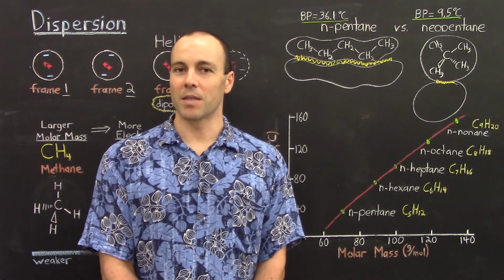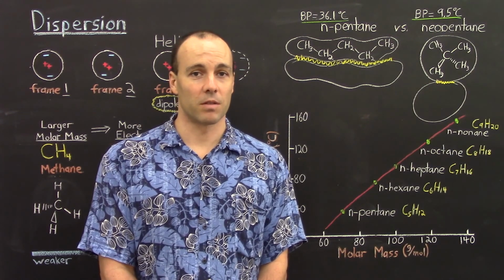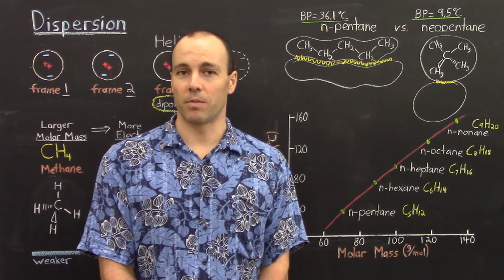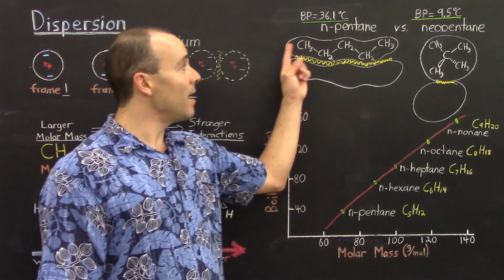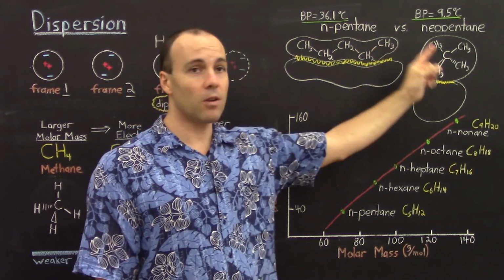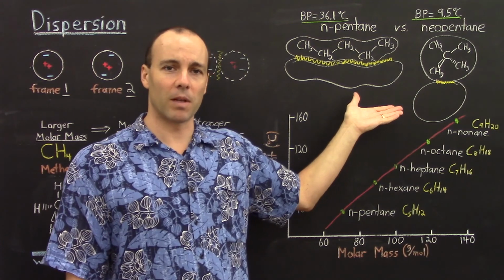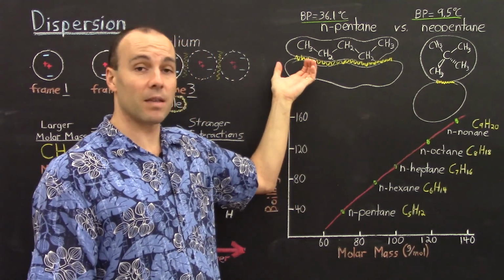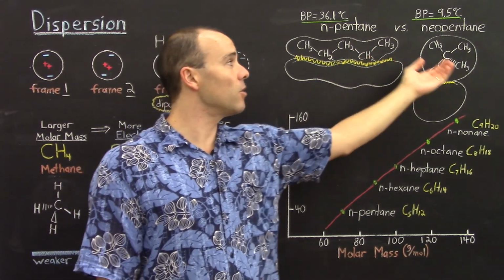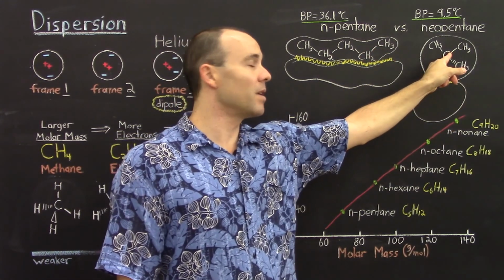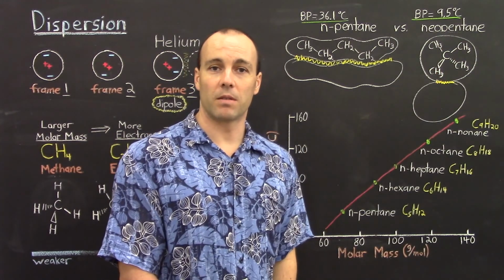Now, the molar mass is not the only determining factor in the strength of dispersion interactions. The shape of the molecule is also important. And we can see that by comparing n-pentane with neopentane. These compounds have the same molecular formula. However, n-pentane has the carbons attached in a linear chain, whereas neopentane has a carbon in the center tetrahedrally surrounded by the 4 other carbons.